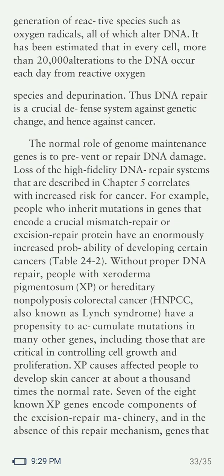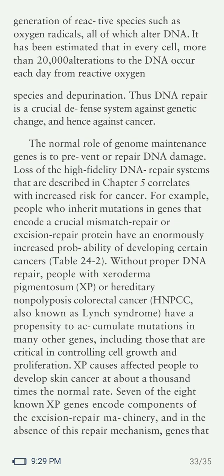The normal role of genome maintenance genes is to prevent or repair DNA damage. Loss of high-fidelity DNA repair systems that are described in Chapter 5 correlates with increased risk for cancer. For example, people who inherit mutations in genes that encode a crucial mismatch repair or excision repair protein have an enormously increased probability of developing certain cancers.